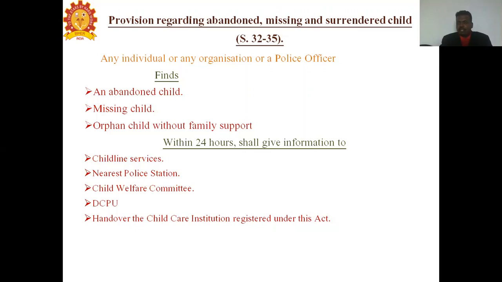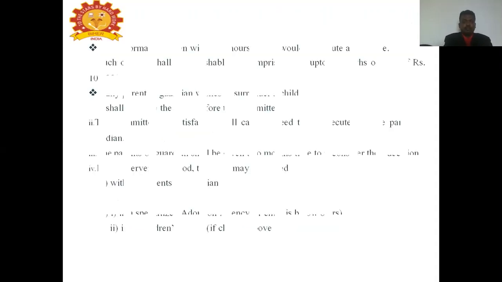The child helpline number is 1098. It is easy to remember, so that's why the child helpline number is 1098. The child is then handed over to the nearest police station, child welfare committee, DCPU, the District Child Protection Unit, or a child care institution registered under this Act. These are very important.